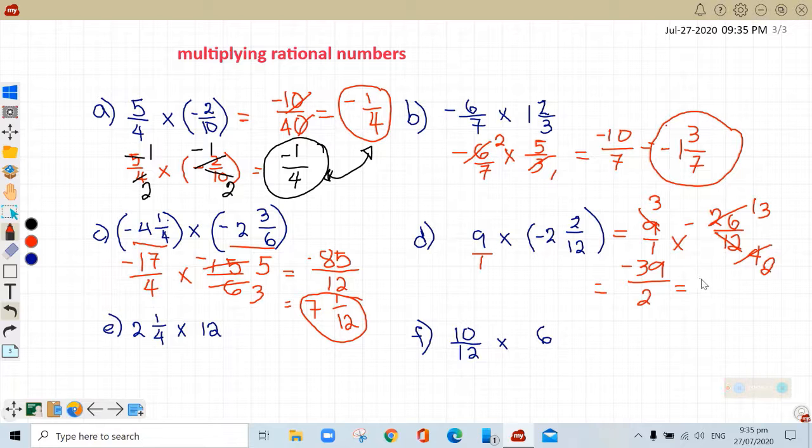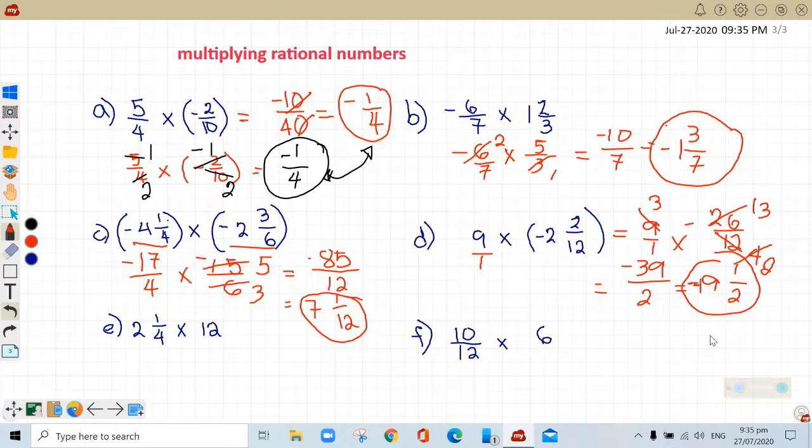That will be 19, 19 times 2 is 38. Subtract 38 from 39, so that will be 1 over 2, and it's negative. So the final answer here will be negative 19 and 1/2.